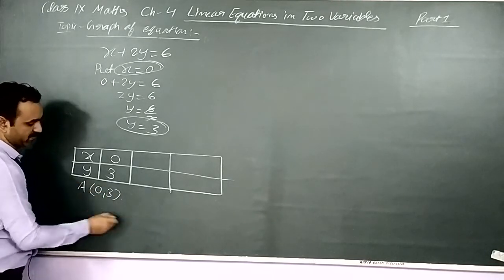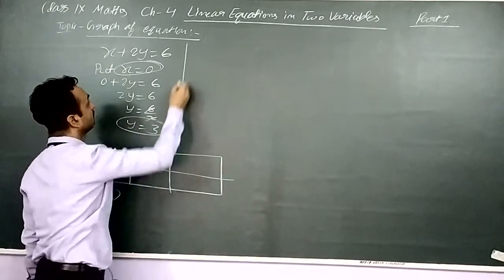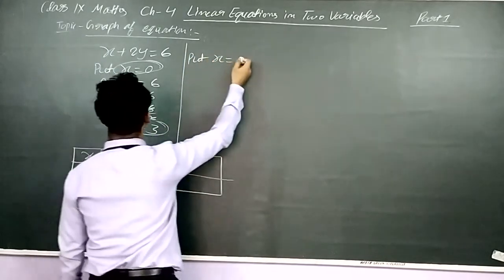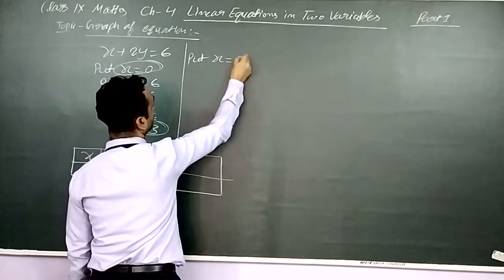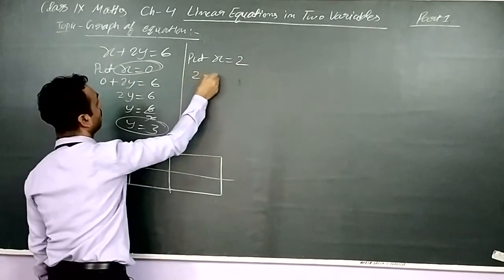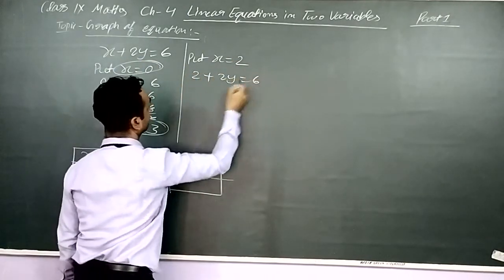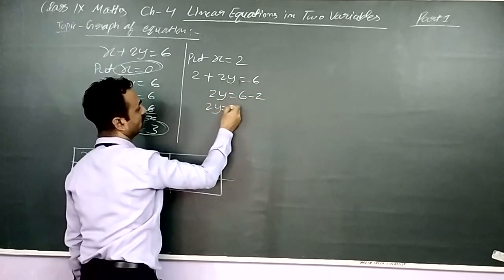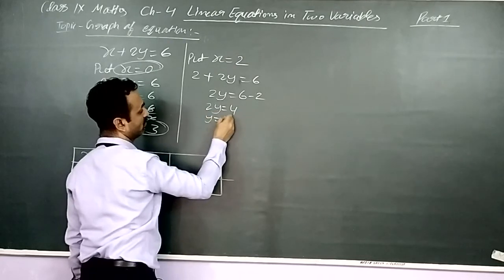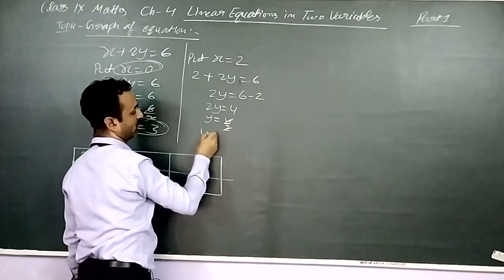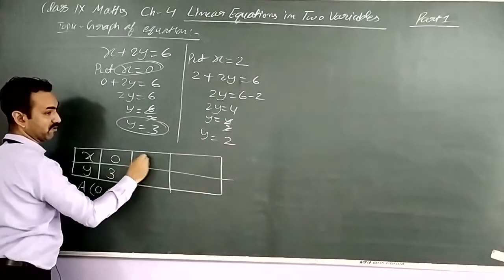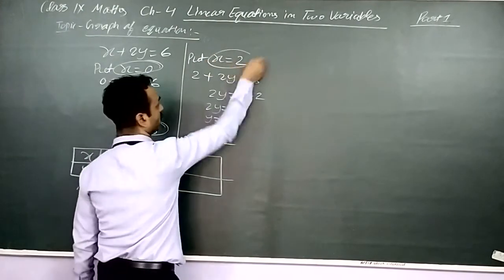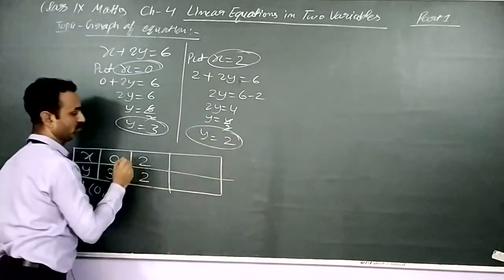Now another point, put x equals to 2. 2 plus 2y equals to 6, 2y equals to 6 minus 2, 2y equals to 4, and y equals to 4 upon 2, 2. So when you put x equals to 2, you get y equals to 2.